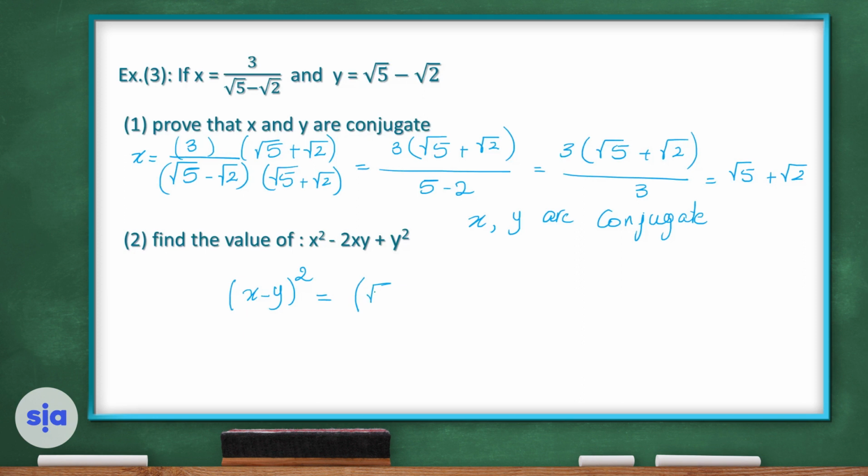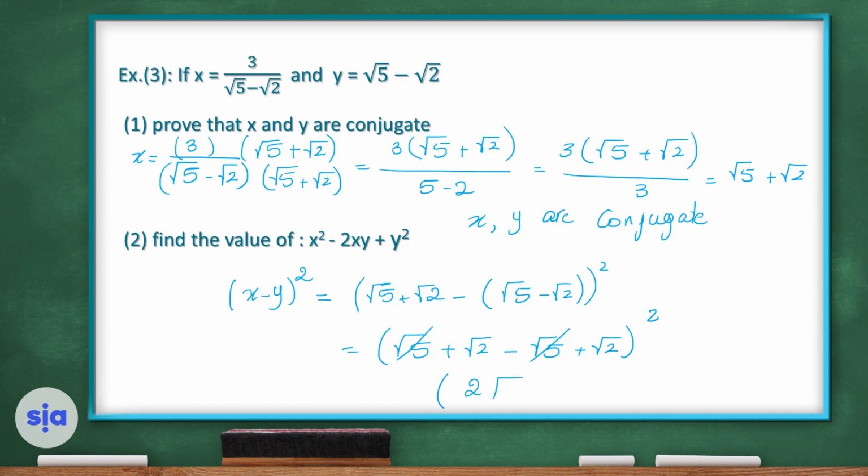The x is root 5 plus root 2, minus the y, which is root 5 minus root 2, and this is all squared. If you simplify the part inside the bracket, root 5 plus root 2 minus root 5 plus root 2, all squared. The root 5 minus root 5 is 0. Then it's 2 root 2 all squared. If you raise this to the power of 2, it will be 4 times 2, which is 8.